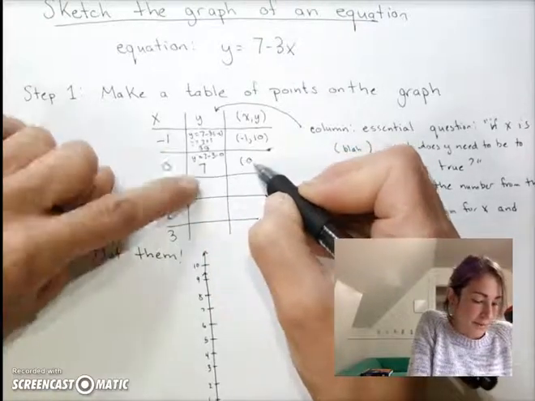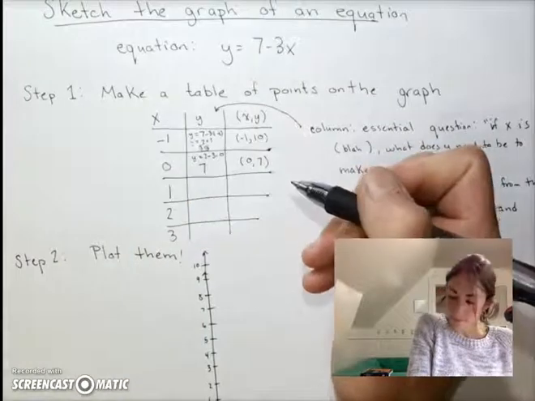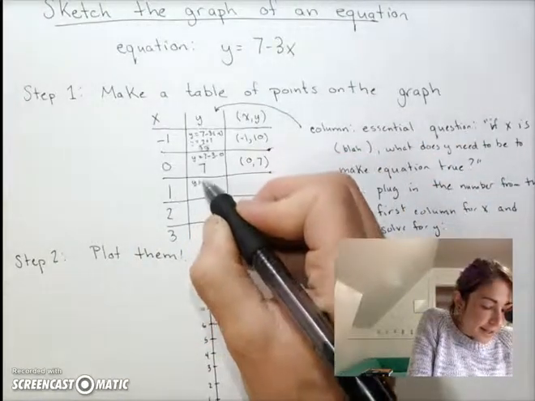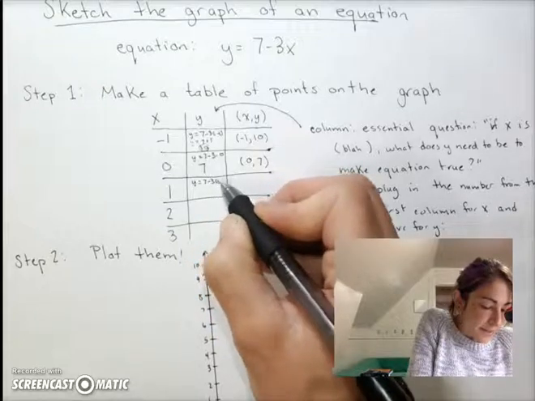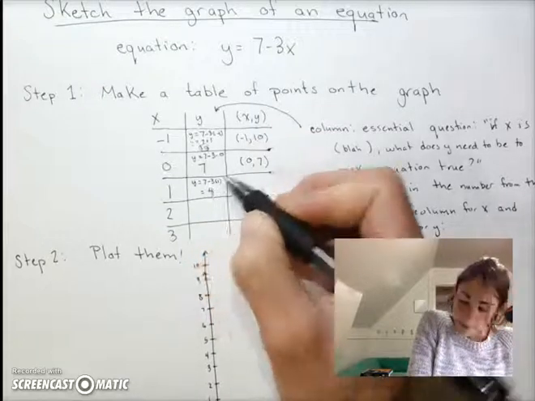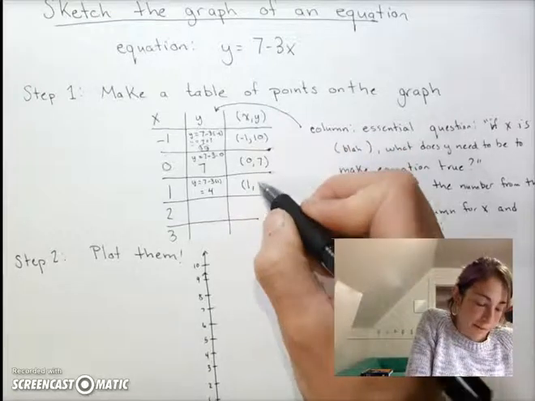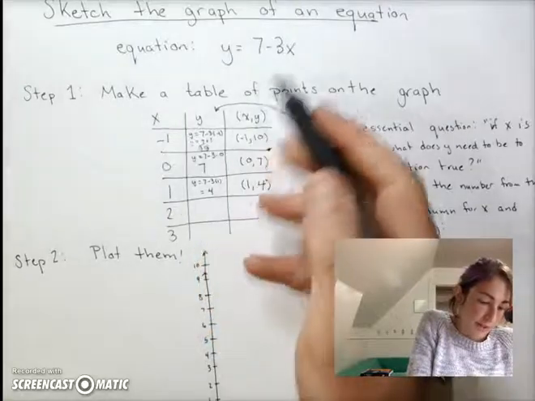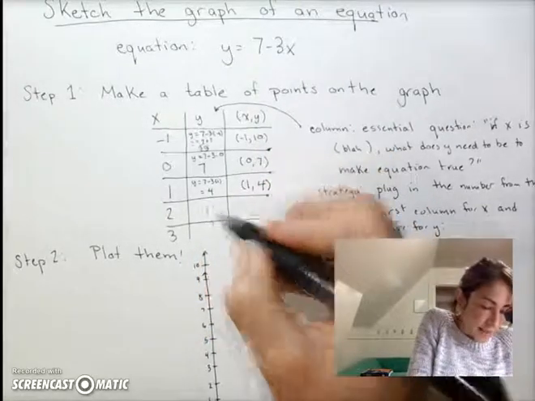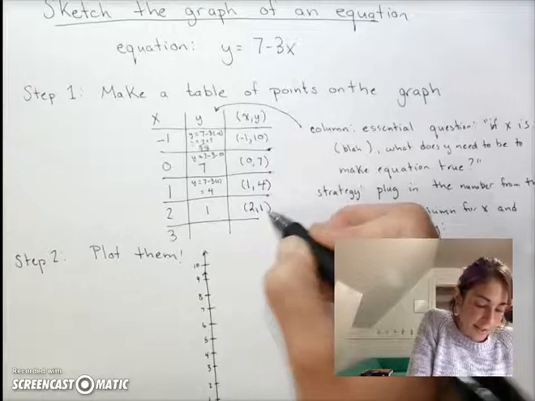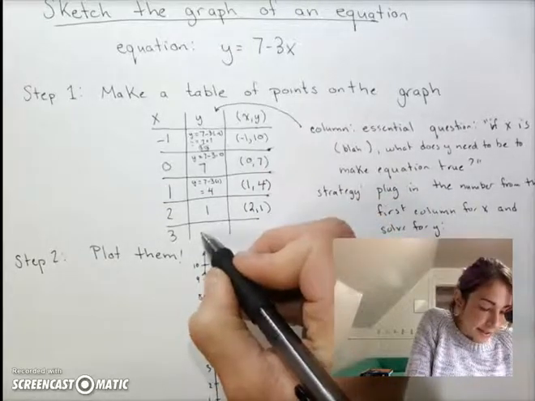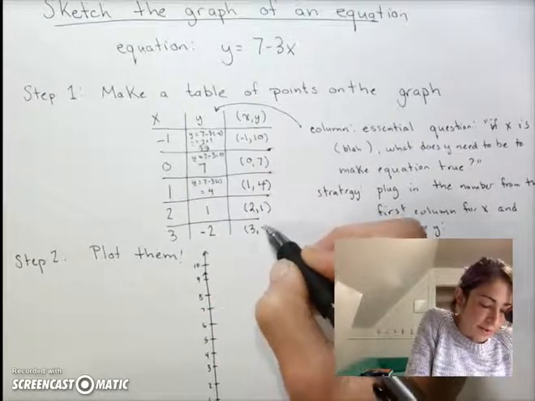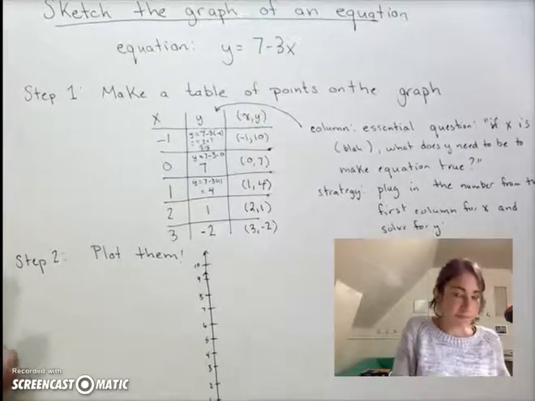So 0, 7 is on my graph. When I plug in 1, I do y equals 7 minus 3 times 1, so that's 4. And I find that 1, 4 is a point on my graph. And same thing, so here I'll plug 2 in for x, and I end up with 1, so 2, 1 is a point. And when I plug in 3, my y value will end up being -2, so 3, -2 is a point on my graph.